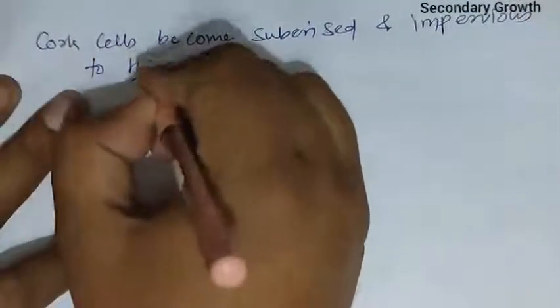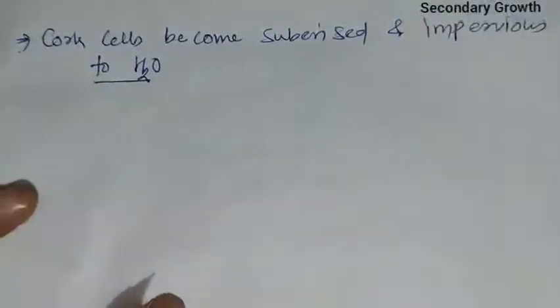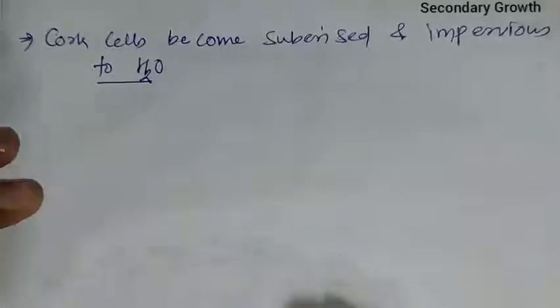That is how the whole periderm will form. Now in certain regions the activity of cork becomes excessive.